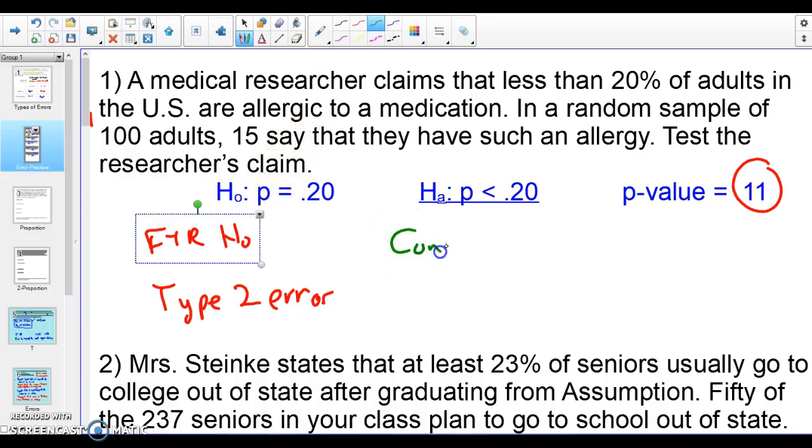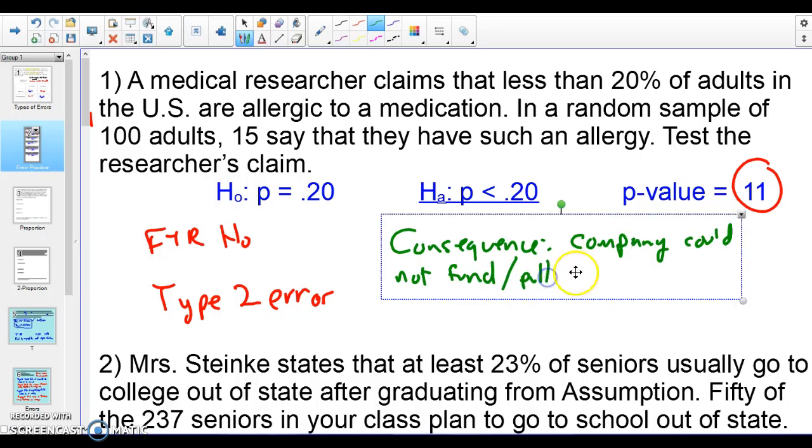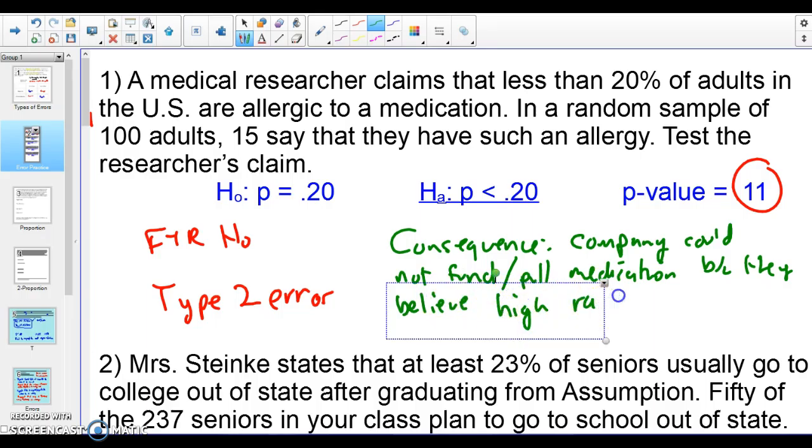So a consequence of this one would be maybe the company could not fund or pull medication because they believe in the high rates of allergic reaction.